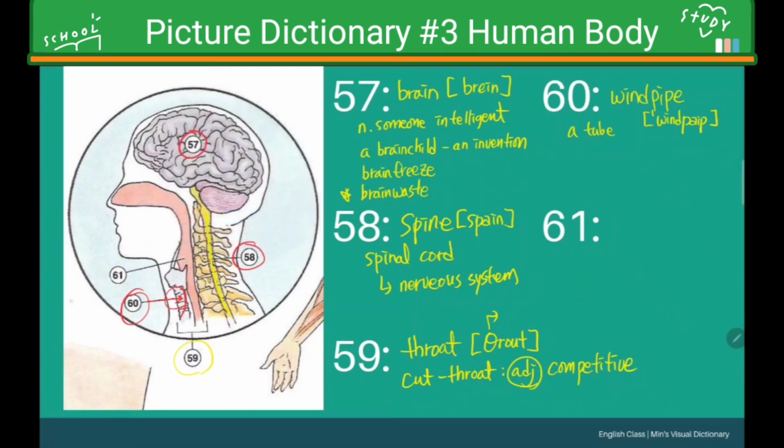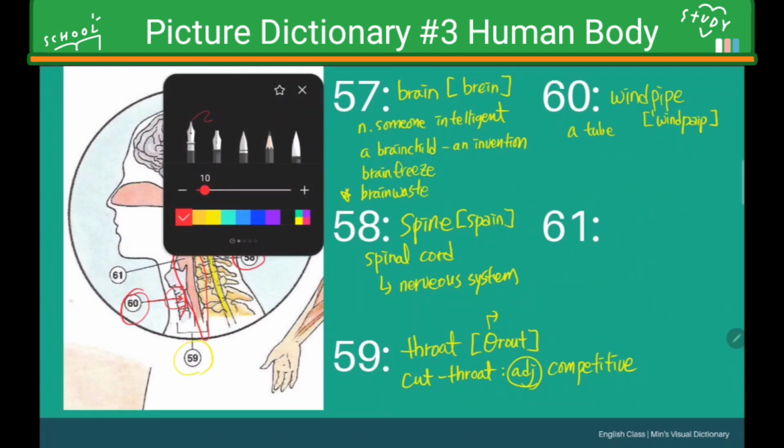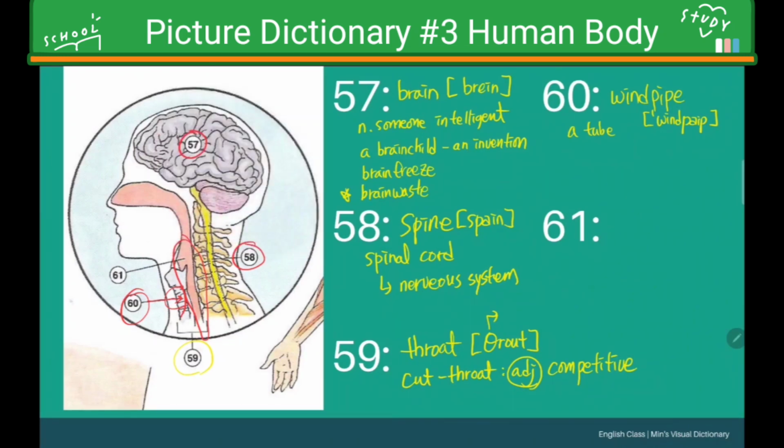Okay, and 61. So 61 is this part right here. And the spelling looks like this: ESOPHAGUS. And you'll be like, what is this one? That's okay. The pronunciation is a lot simpler than that.